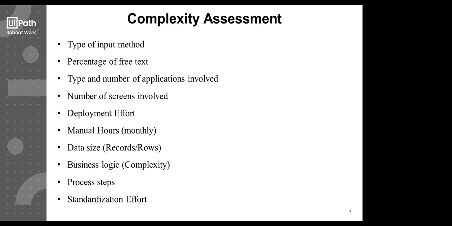So the complexity of the logic. The process steps, that is the number of steps you have, if it's 50, 60, 70. You make out this sheet or write in all these steps, and then you count the number of steps your process has, and that is also counted while assessing the complexity.